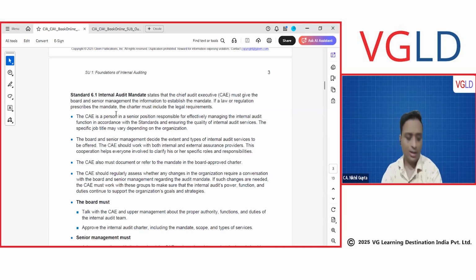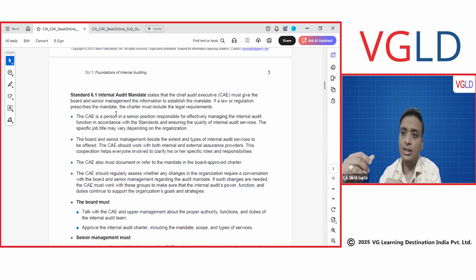I have that experience. I worked in the FS sector for almost 6-7 years, for so many big banks. When we are dealing with the non-FS sector, the risk is not that high. But when we are dealing with the FS sector, the audit risk is really high.